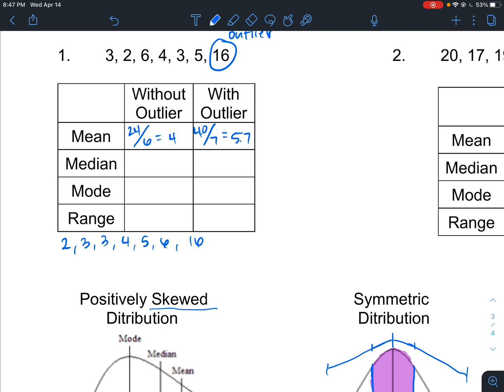The median: to find the median, we find the middle number. With the outlier, the median is 4.